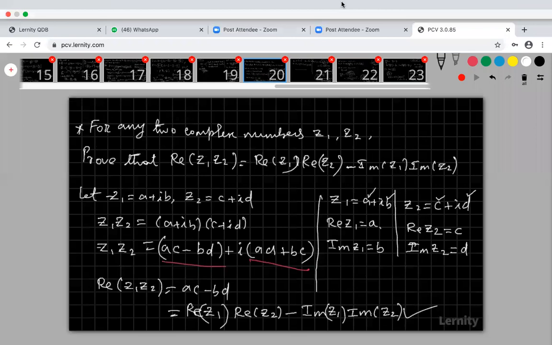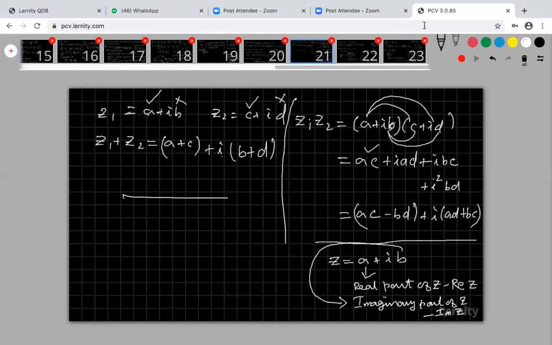If Z1 is equal to 2 minus i, Z2 is equal to 1 plus i, then find the modulus of (Z1 plus Z2 plus 1) divided by (Z1 minus Z2 plus 1).